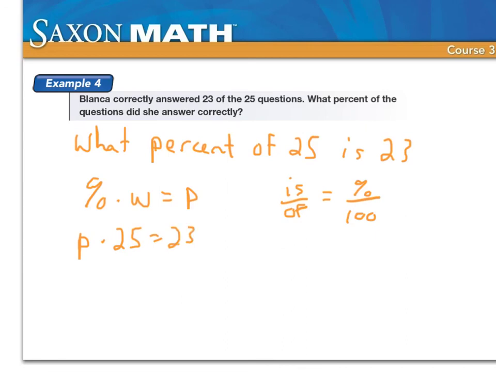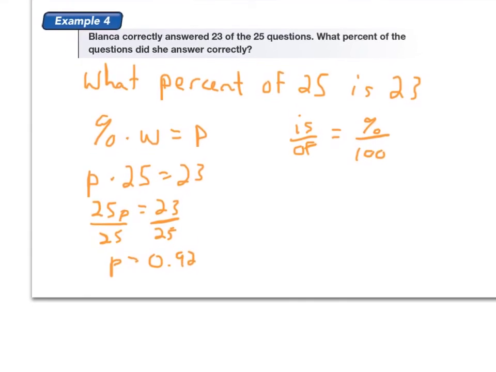So to solve this, I've got 25 times P equals 23. I would divide by 25 on both sides, and 23 divided by 25 is 0.92. Now we need to write 0.92 as a percent, which is the same as 92%.